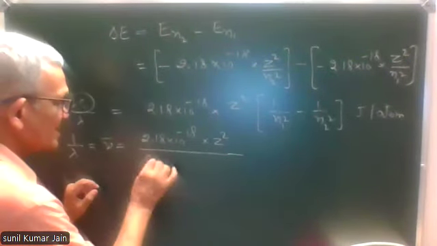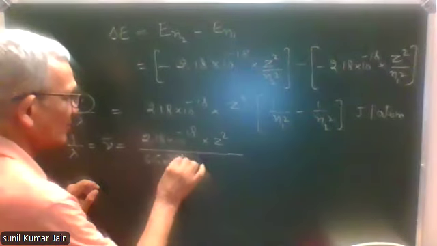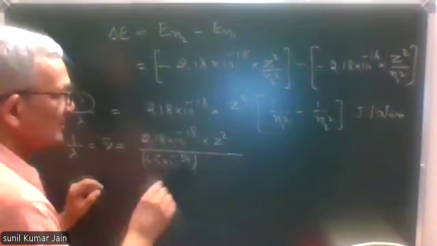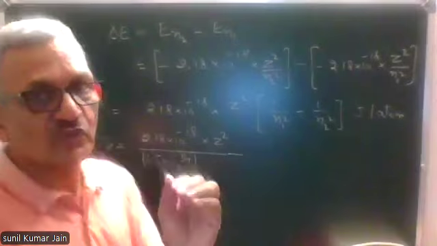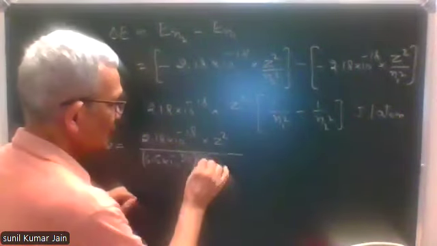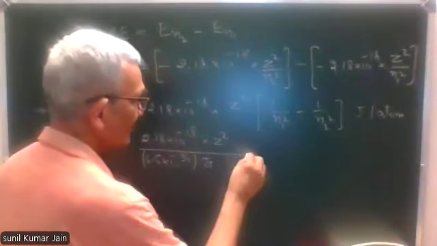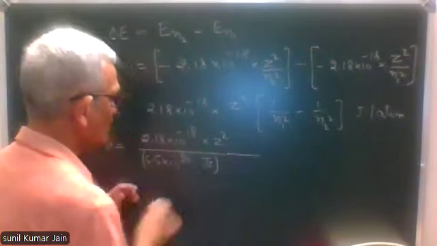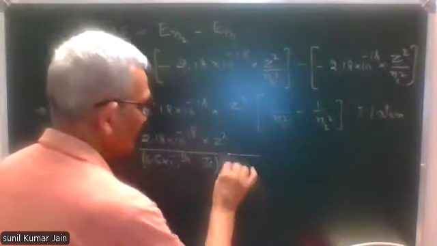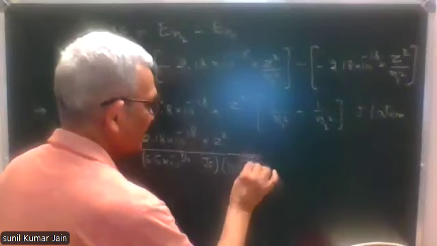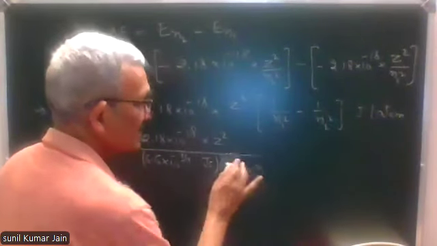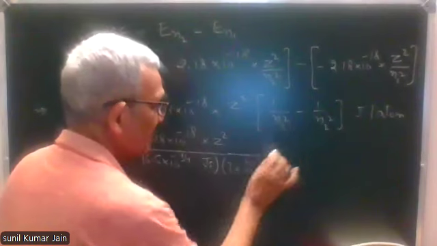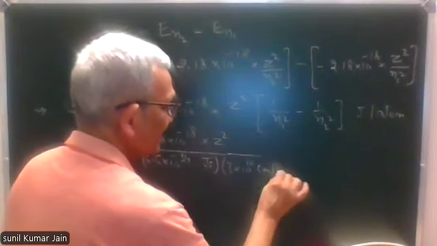The value of h is 6.6 into 10 to the power minus 34, and with units it is joule second. Velocity of light is 3 into 10 to the power 8; now we'll use it in centimeters, 3 into 10 to the power 10 centimeter per second.